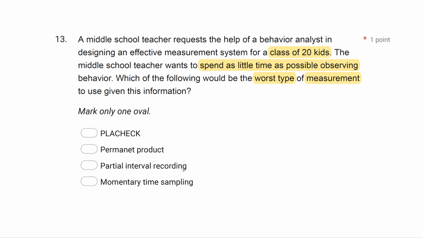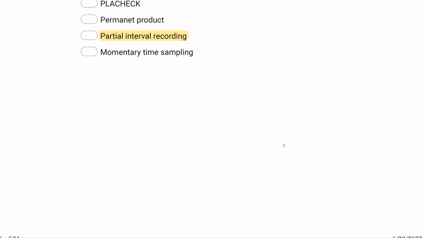So you're definitely observing more in a partial interval recording measurement system than A and B. And same with D, because momentary time sampling is just play check for a single child. And with momentary time sampling, you're only observing at the end of an interval. So the one where you're going to be spending by far the most time observing the behavior is going to be C. So that's going to be the worst type of measurement if this teacher wants to spend as little time as possible observing behavior.